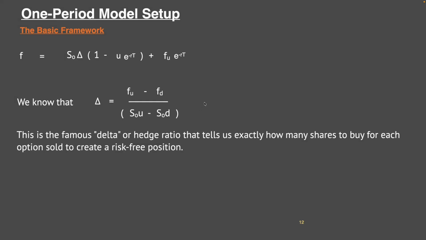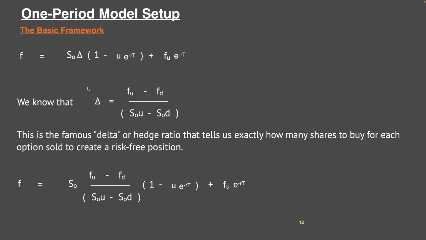So this is the delta or the hedge ratio. This tells exactly how many shares we have to buy for each option sold if you want to create a risk free position. So if you want to create a risk free position, how many shares you have to buy whenever you have gone short in option against the underlying.